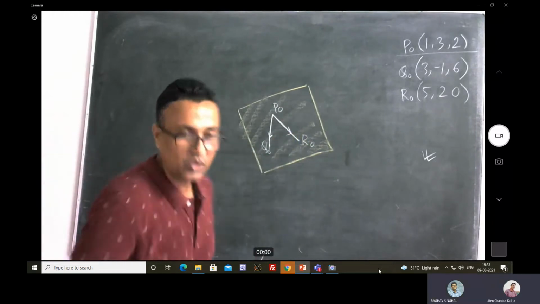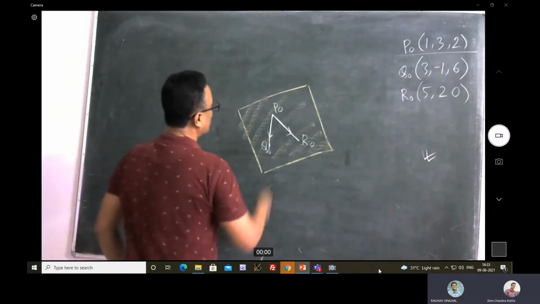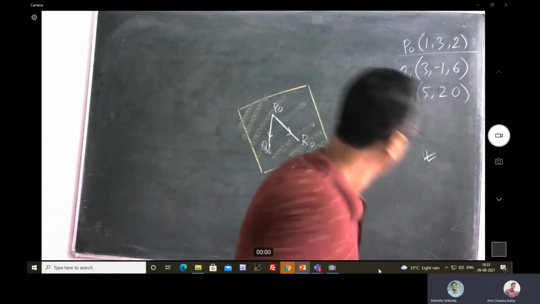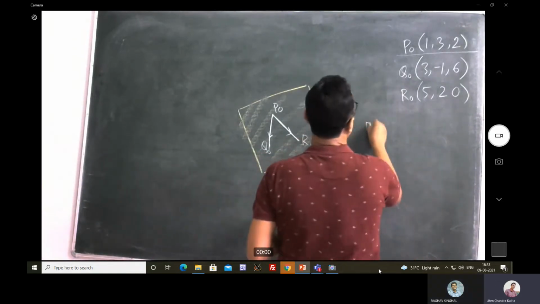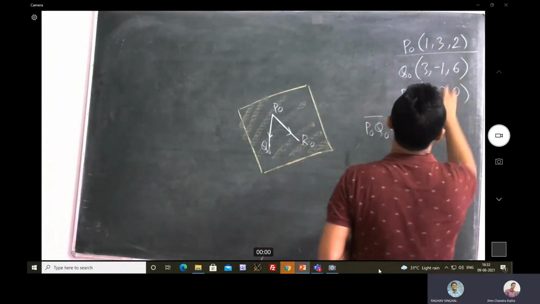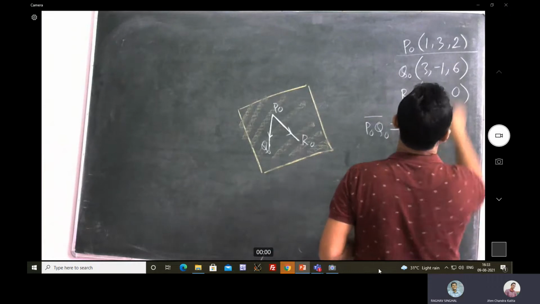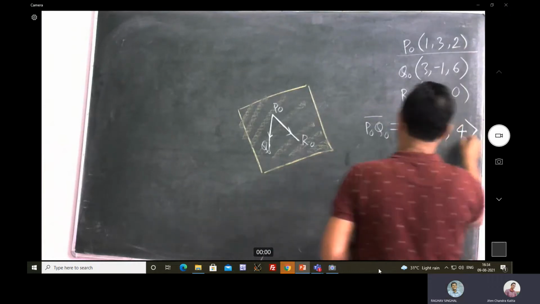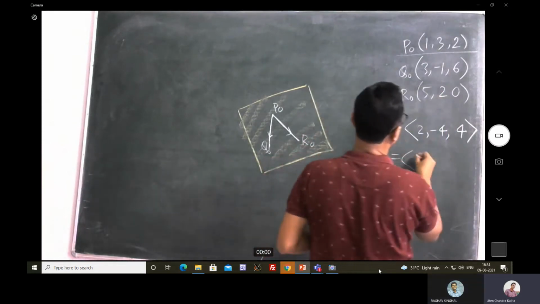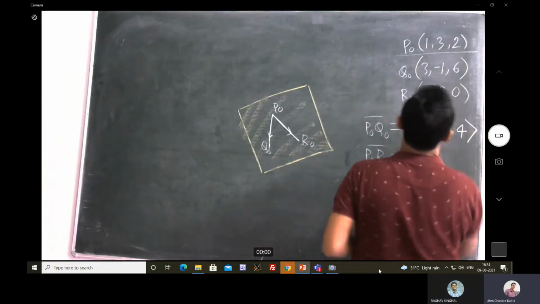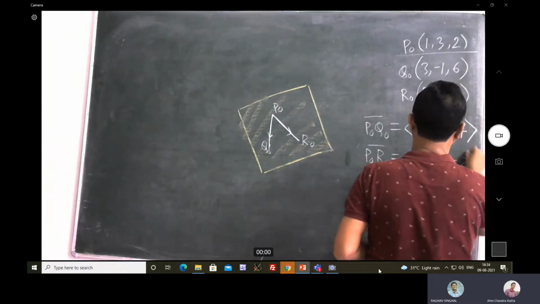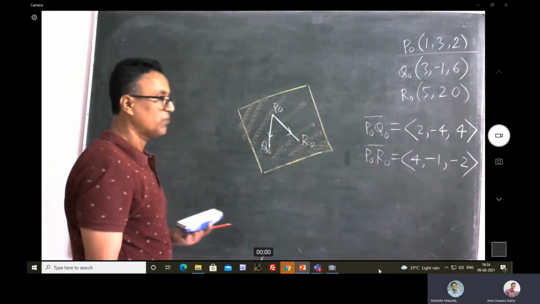Then P naught Q naught is going to be the vector (3 minus 1, 2 minus 1... wait: 2, minus 1, minus 3, minus 4... actually 3 minus 1, 2 minus 1, minus 3, minus 4, 6 minus 2) which is 2, minus 4, 4, and P naught R naught is 5 minus 1, 4, 2 minus 3, minus 1, 0 minus 2, minus 2. Am I okay? Yes. Fine.